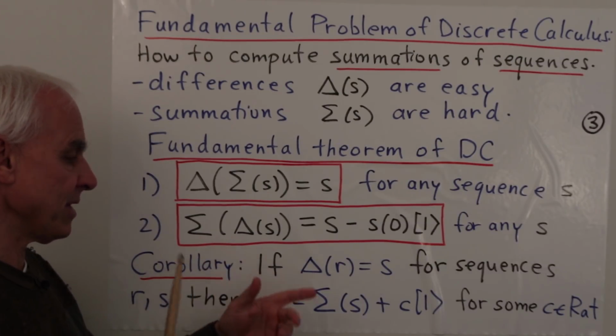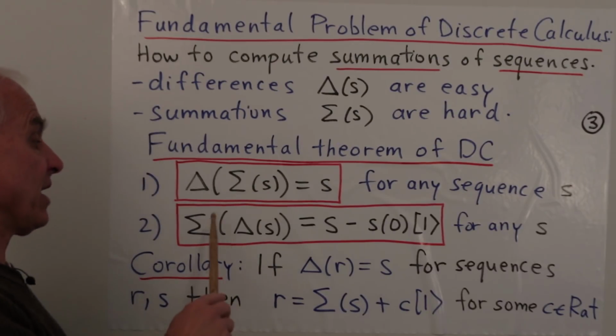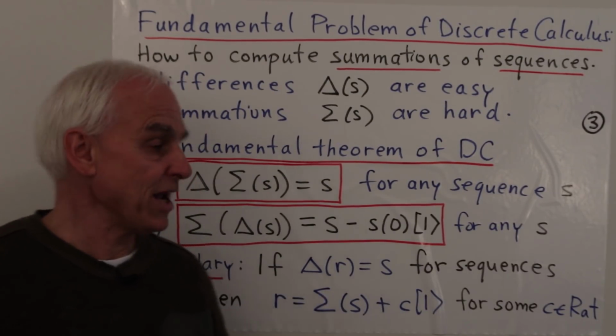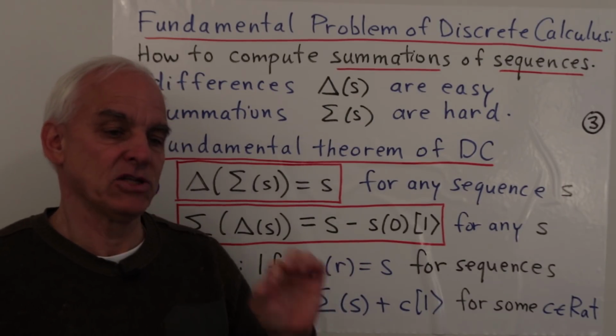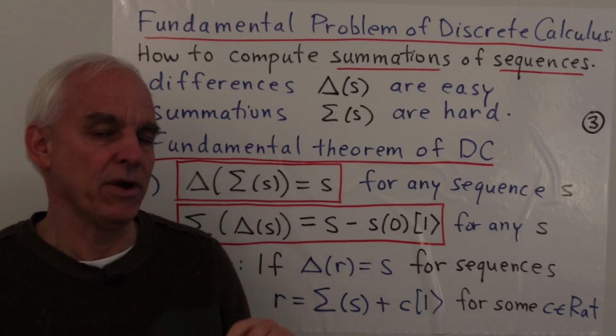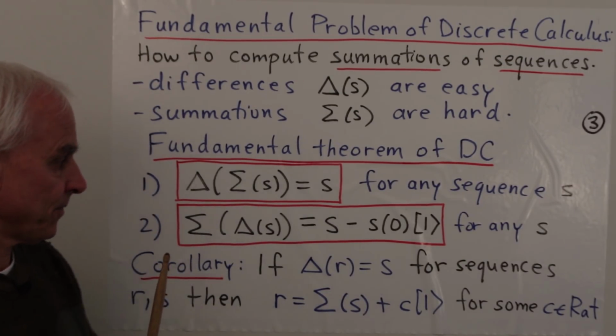And the other way around, if we take a sequence S and we take the difference first and then we take the summation, we almost get the sequence back. But if the sequence does not start with a 0, there's no way we could get that sequence back because summations always start with 0.